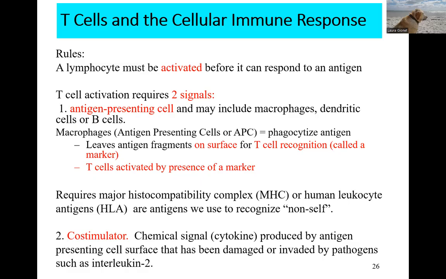Macrophages, from the monocytes, are the great big white blood cells capable of phagocytosis. When they phagocytize something, you create that phagosome and then break it down with the lysosomes. It's going to take the antigen that was on that foreign cell and put it on the surface of its own macrophage.